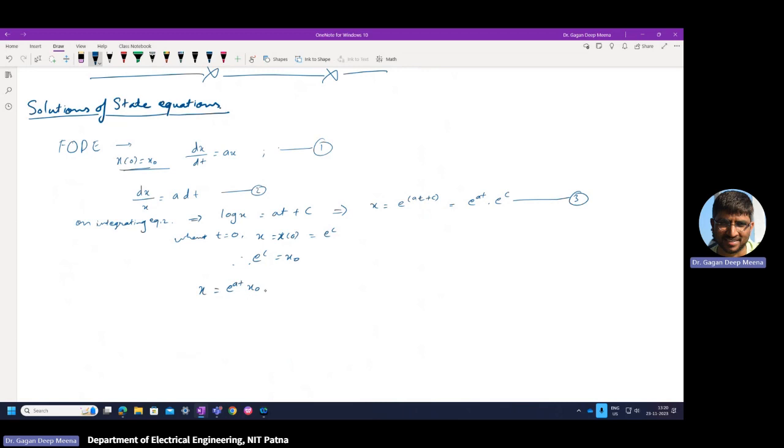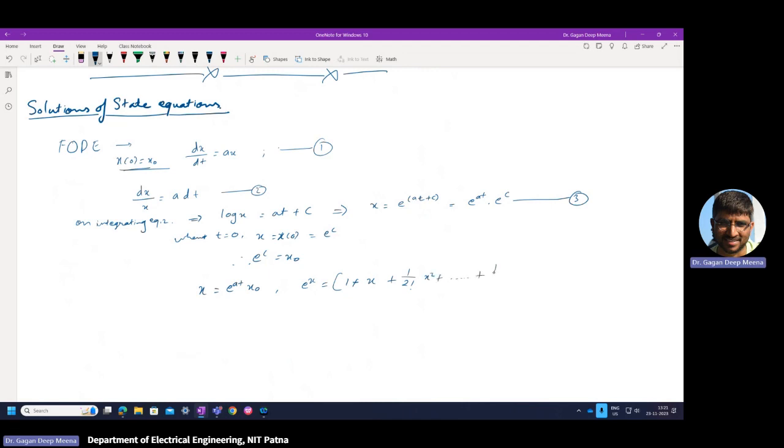Now we have e to the power a t here, so let's recall how we write an exponential term. e to the power x can be written as 1 plus x plus 1 by 2 factorial x square, and so on and on.